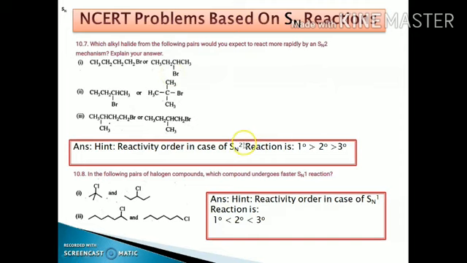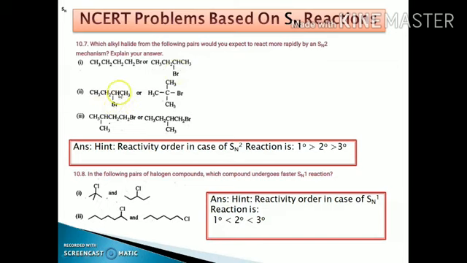As we know, the order of reactivity of the various alkyl halides towards the SN2 reaction is primary alkyl halide, secondary alkyl halide and then tertiary alkyl halide. It means in this case, the first compound is more reactive towards the SN2 mechanism due to less steric hindrance compared to the second compound.